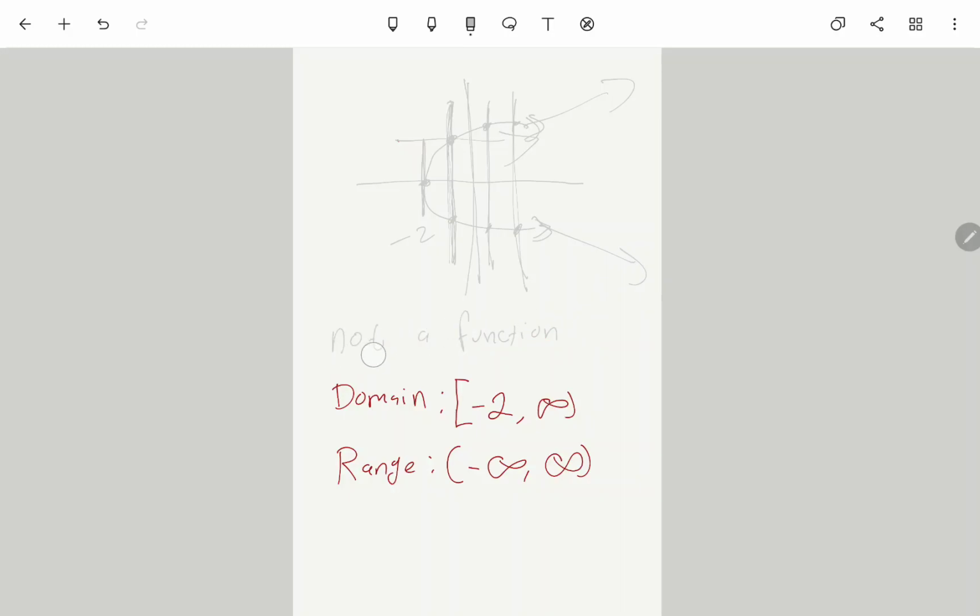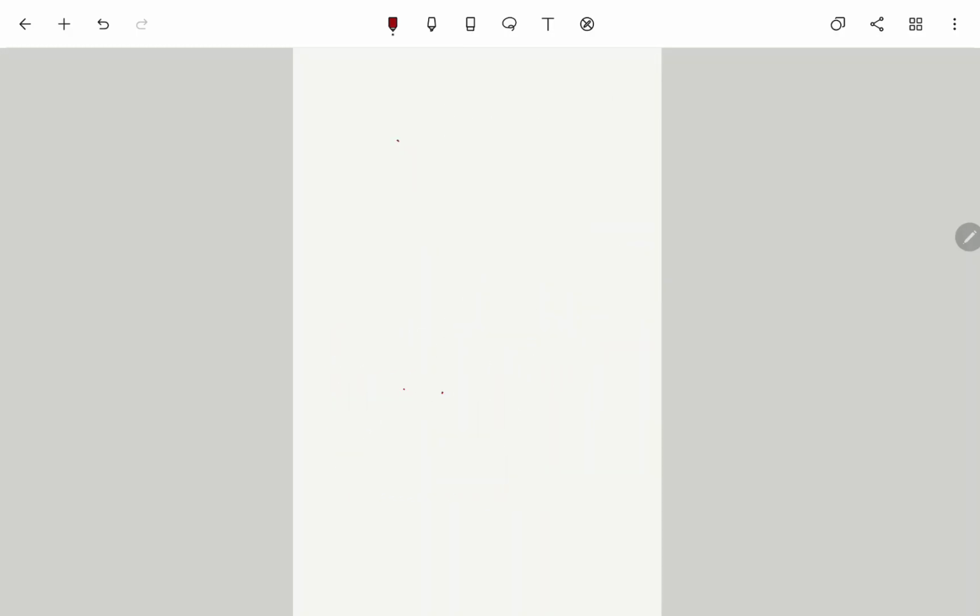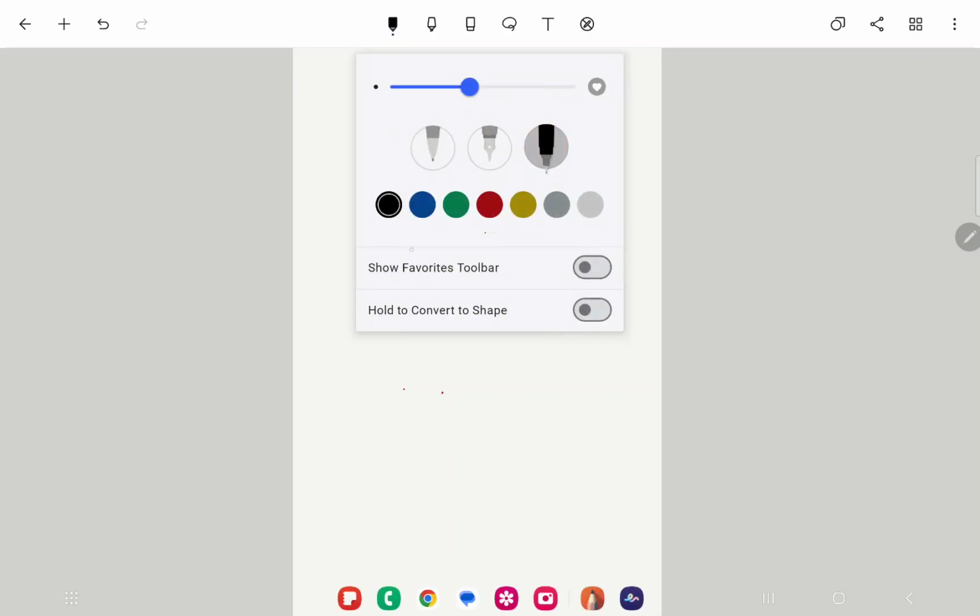Now we're talking about the function in tables. For example, x and y, 2, 4, 6, 8, 10, and 1, 3, 5, 7, 9.